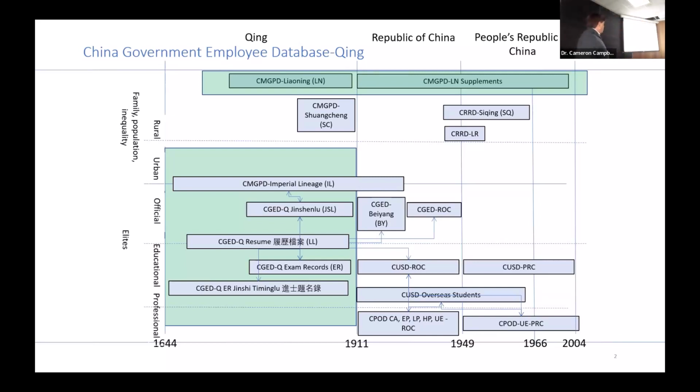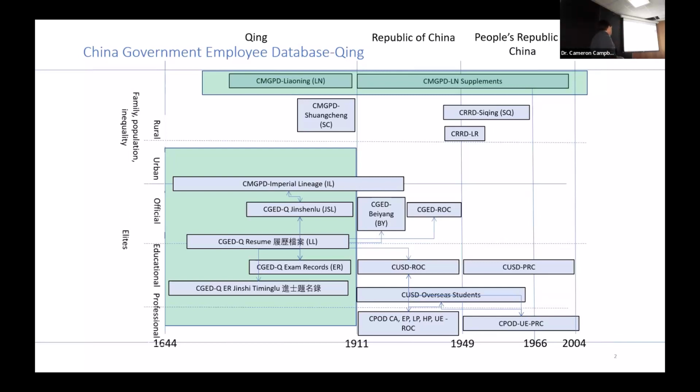And then we have some other data from the first half of the 20th century, like student registration cards from universities in China. I think we now have registration cards for something like a third to a half of the students who matriculated at universities in China in the first half of the 20th century, because there just weren't that many universities, and a fair number of these cards are actually in open archives.